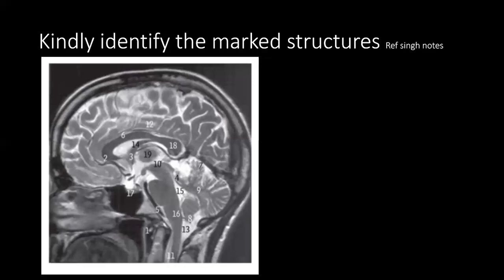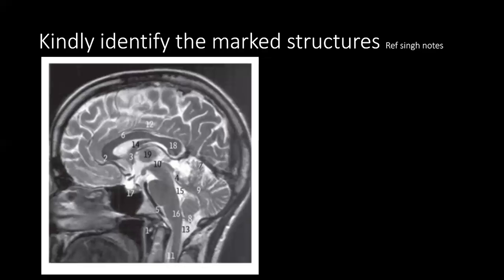Right. Oh, okay, because I did not show you that. Subarachnoid spaces or cisterns. How many are there? Or what are these?